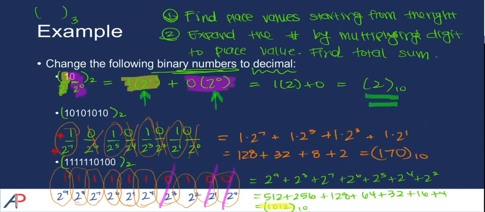the number 170 versus its binary counterpart. So we saw the number 170 right here versus what it is in binary, or the number 1012 here versus a number in binary. When we look at it, the binary number means nothing to us. It's very difficult to interpret the meaning of a binary number.